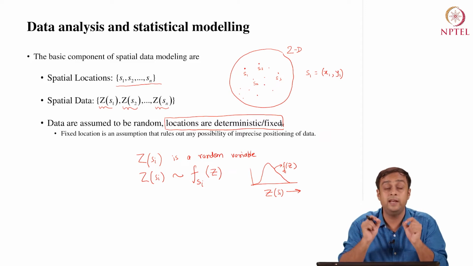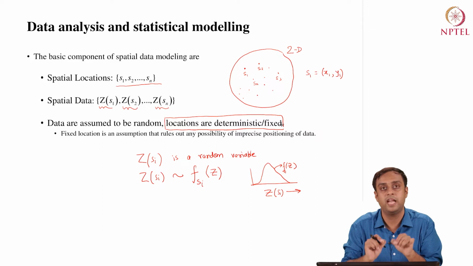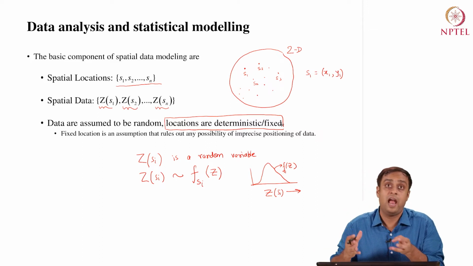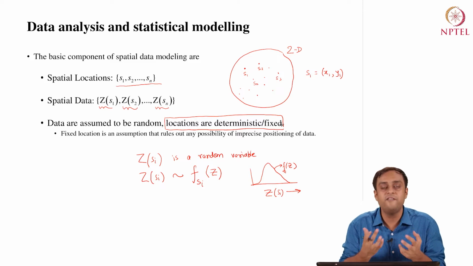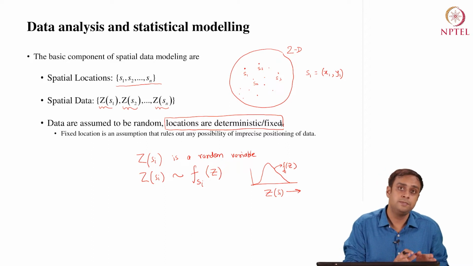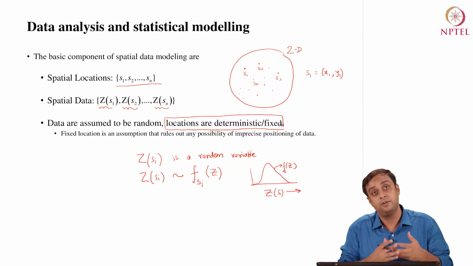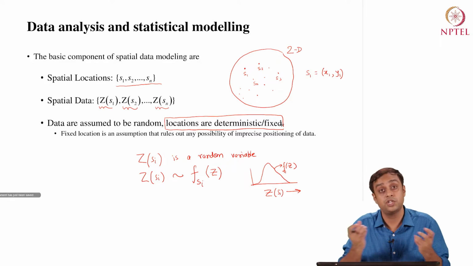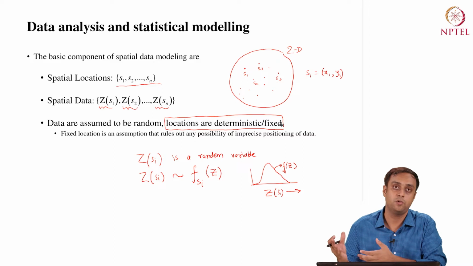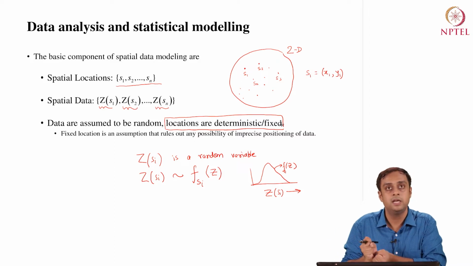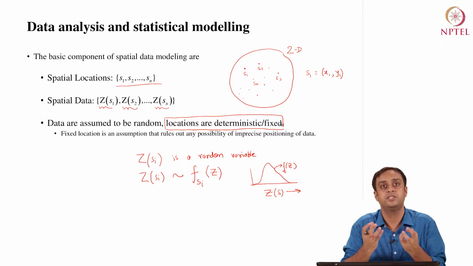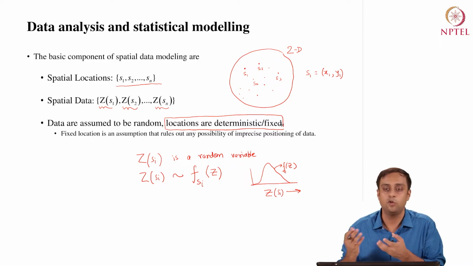It is indeed exactly precisely at S1 that we observe Z of S1. Z by itself at S1 is random. So groundwater level is random, but the location is fixed, right? This is an assumption. You can have uncertainty in the positioning of data as well, but that we deem out of scope for this particular course, right? So we'll take locations as fixed, and we will take data, that is the observations, the realizations at each location, to be random variables.